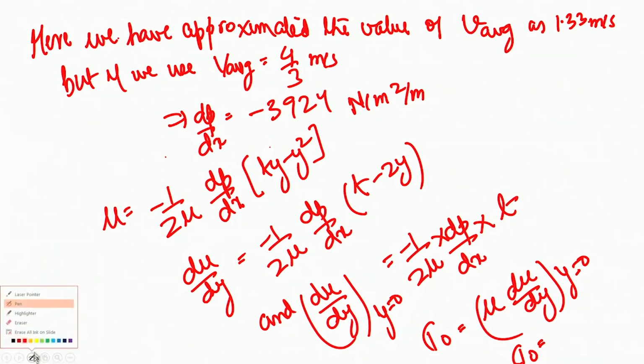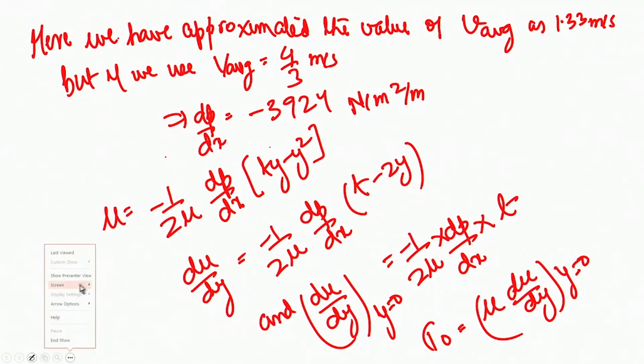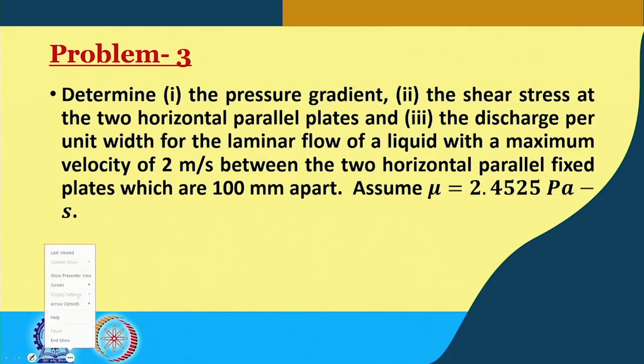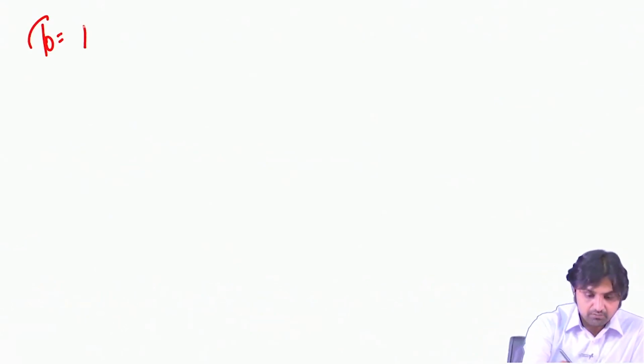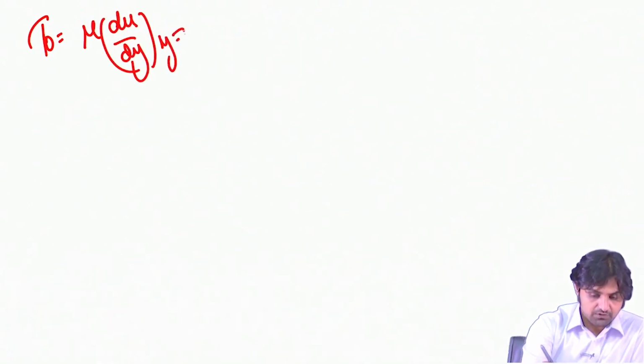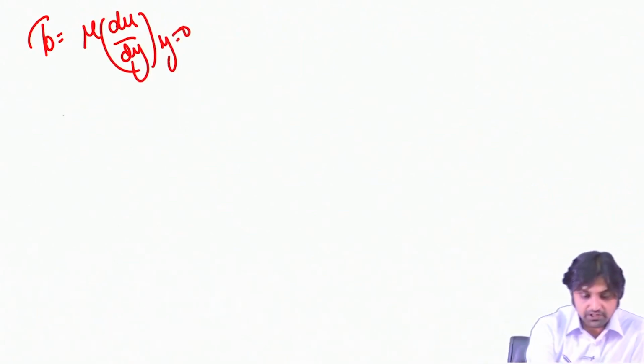So sorry, first let me do the eraser. So I am choosing another sheet now, white screen. So tau naught is going to be, writing that equation again, mu du by dy at y is equal to 0, which we have already calculated.